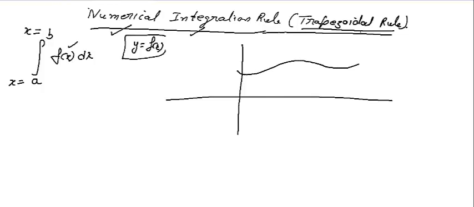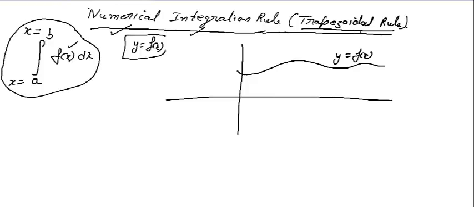This is the curve y equals f(x). If you want to find the area under this curve, this integration tells us that it is the area under the curve from x equals a here, to x equals b here, and by default on the fourth side there is the x-axis.